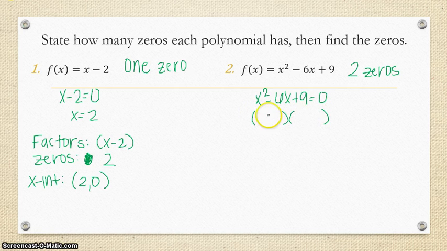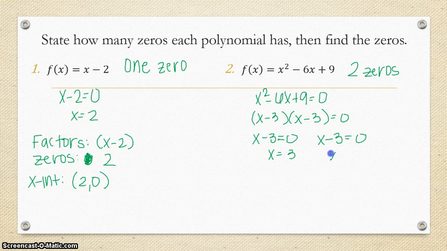That factors into x minus 3 and x minus 3, which means I have x minus 3 equals 0, x minus 3 equals 0, so x equals 3, and x equals 3. You do need it written out twice. This is called a multiple root.